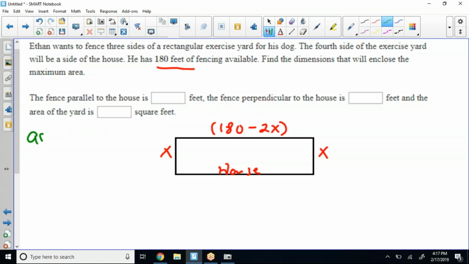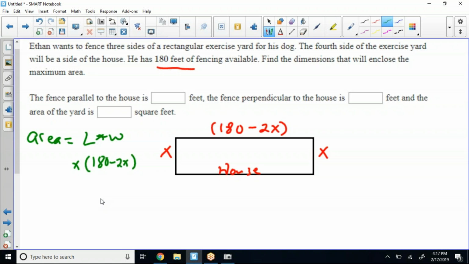Okay, so area is length times width, right? So we have X times 180 minus 2X. So, okay, let's think about it.